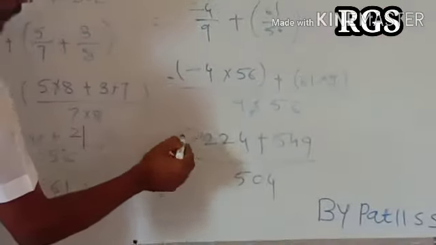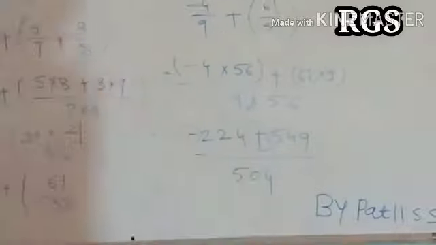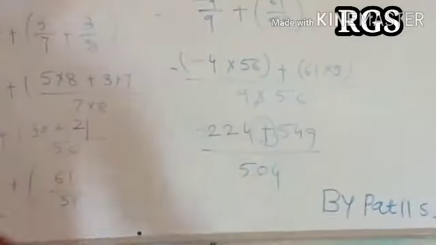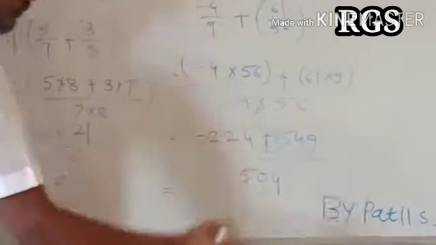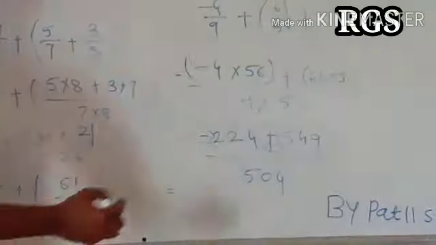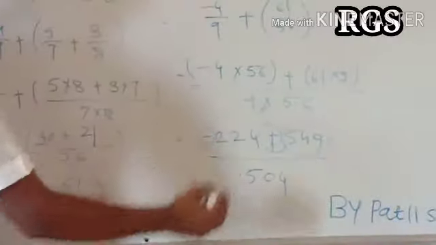Now here is a minus sign and here is a plus sign. Plus and minus gives minus, and here the greater term has a positive sign. Therefore we write the solution in positive terms.